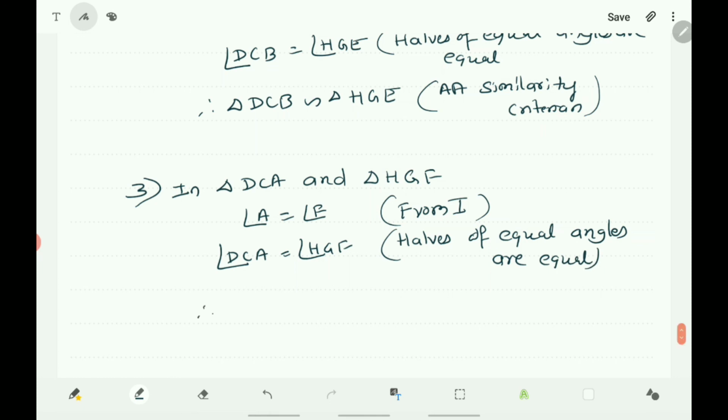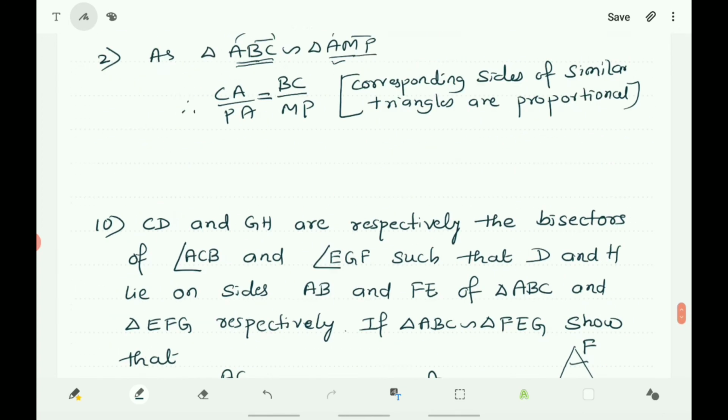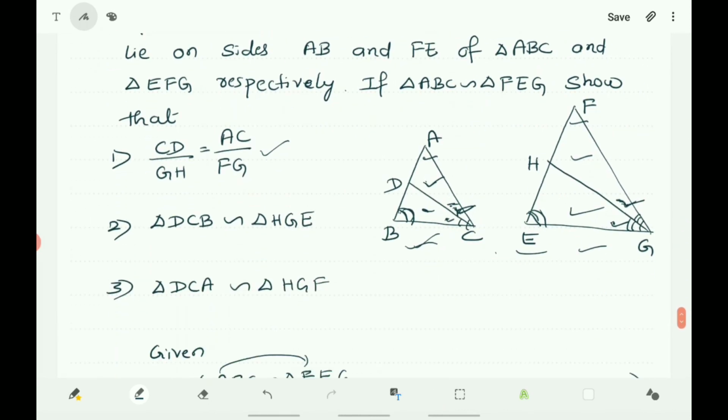So therefore you can write, triangle DCA is similar to triangle HGF, according to AA similarity criterion. So you got all the three results here. You proved the first one, second one and also third one.